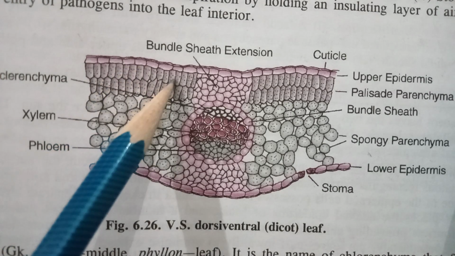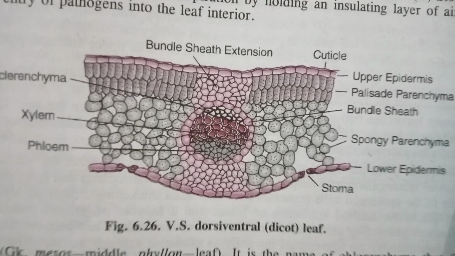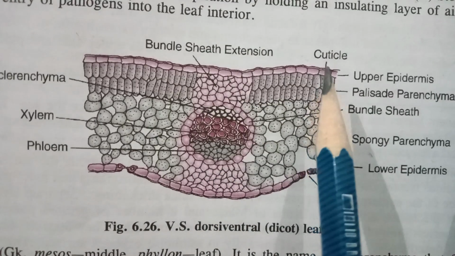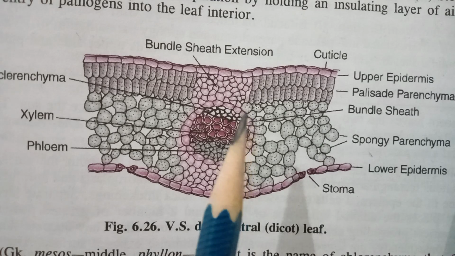In these cells, chloroplasts are also absent. The epidermal cells, they are normally rectangular, barrel shaped in outline. They are specialized to condense and transmit light rays to the interior. The outer walls are thick as compared to the inner walls and they consist of a cuticle layer, okay, which checks the excessive loss of water.